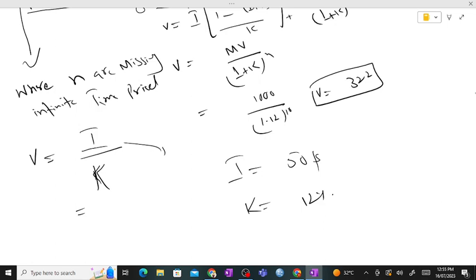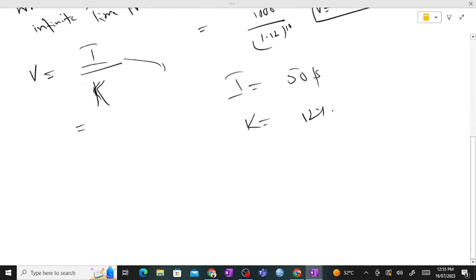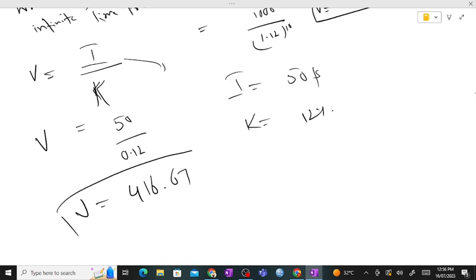What would the present value of this security be? Just put it into the formula: V is equal to 50 divided by 0.12, and we get 416.67. This is the maximum amount you would be willing to pay for this bond. If the market price is greater than this amount, you would not want to buy that bond.